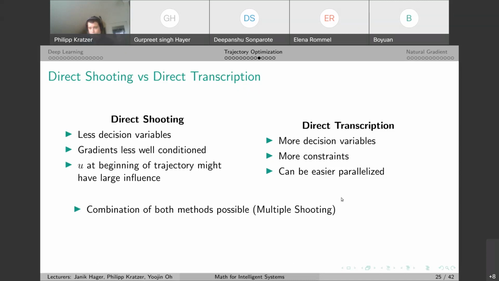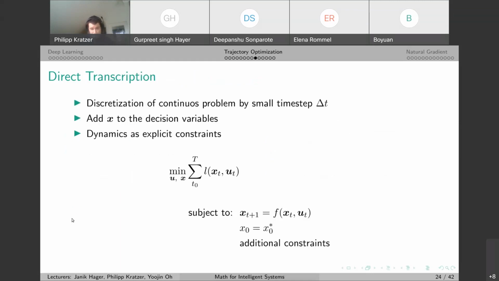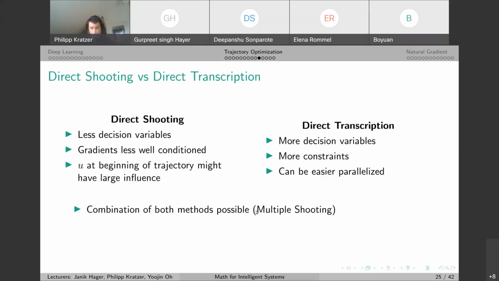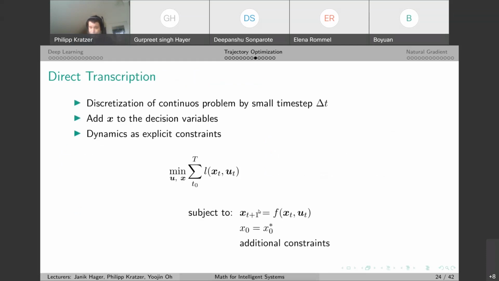Direct transcription, if you don't have a good initialization, might work better, but in the end one has to try on the specific problem to see what works better. Of course, those are two sides of the same coin, and combinations of both are possible. One could have a constraint like this only at specific time steps, and use shooting in between.